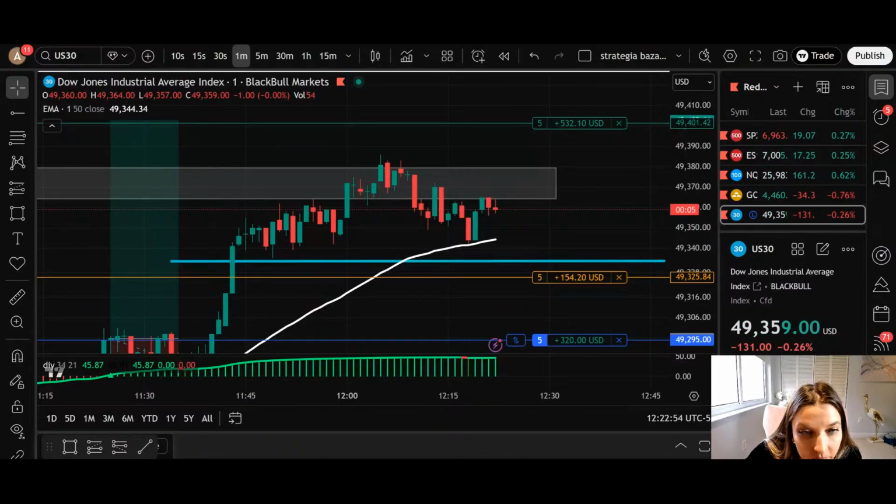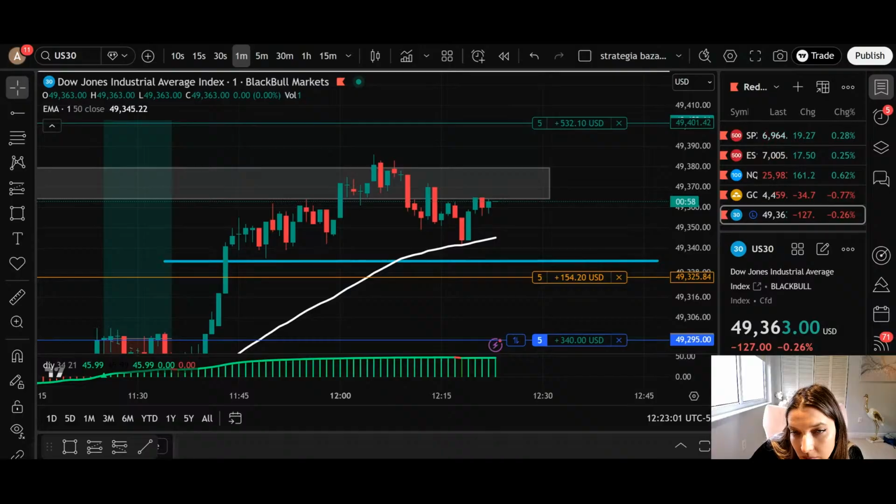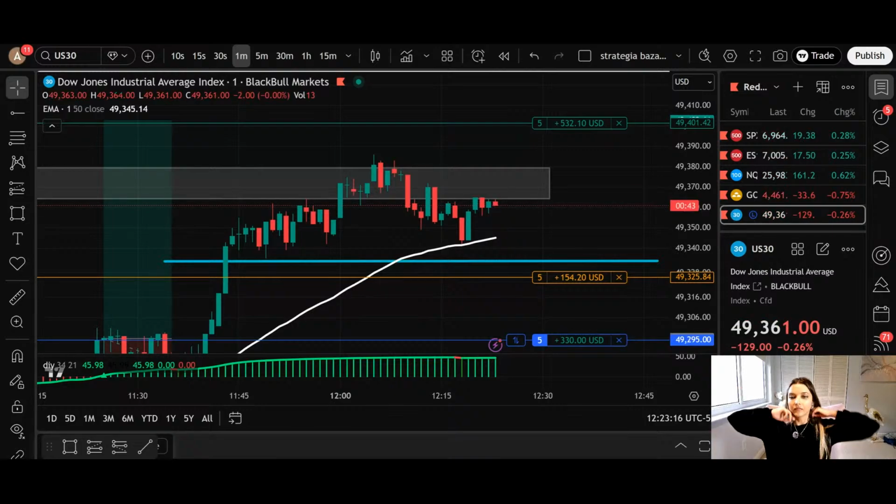Let me see. Did I put? Let's go to vote. But keep in mind, stop loss is still on a profit.